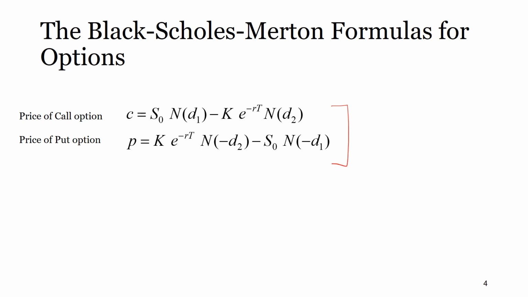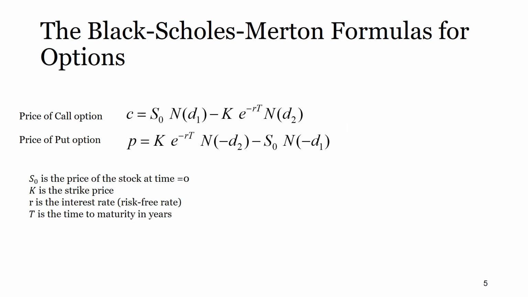Before we introduce the put-call formula, I want to remind you of the letters, the math symbols that are used here. S0 is the price of the stock today. K is the price of the stock if you use the option to buy it.